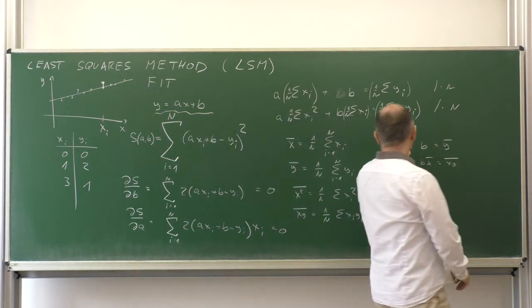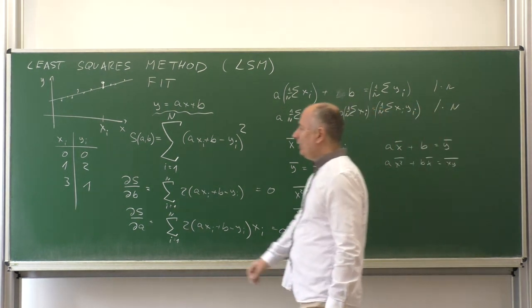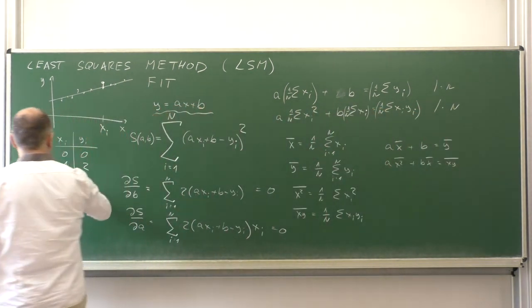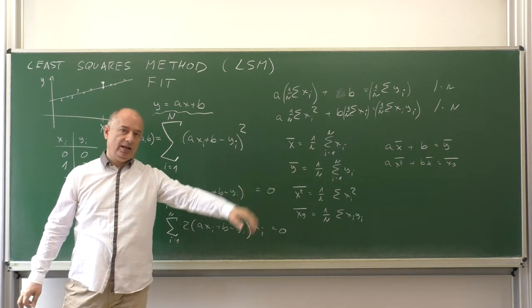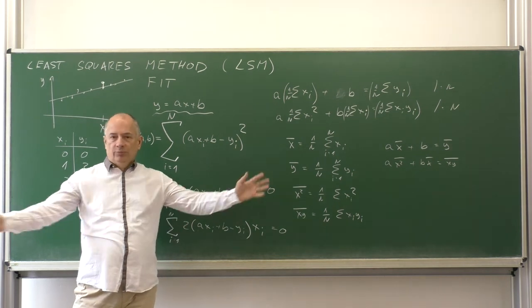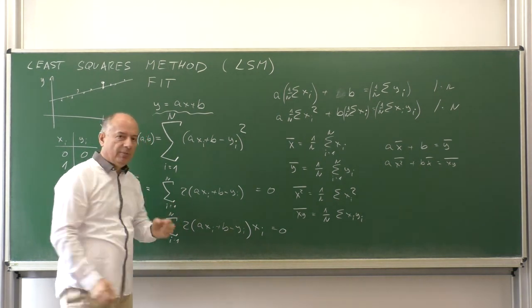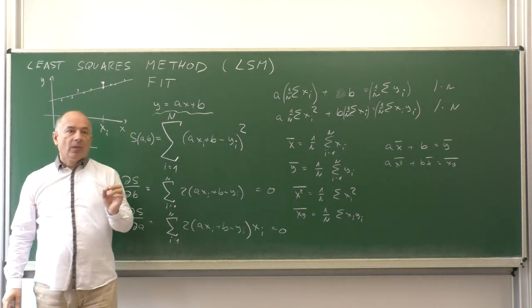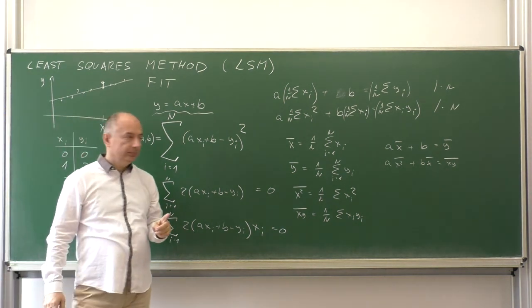Here we have x bar, which is no more a variable. If x1, x2, x3 are some experimental results that were measured yesterday, the lab is closed today, the experimental setup is destroyed, but we have the experimental results, we have the data. Now x1, x2, x3 are constants today.